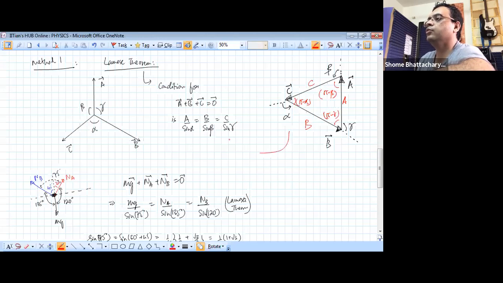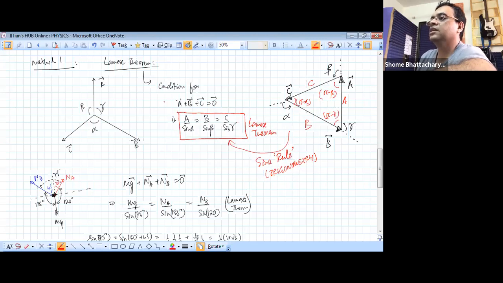So using the sine rule in trigonometry, you have the simple statement of Lami's theorem. This is a condition for the resultant of the three vectors to be 0.